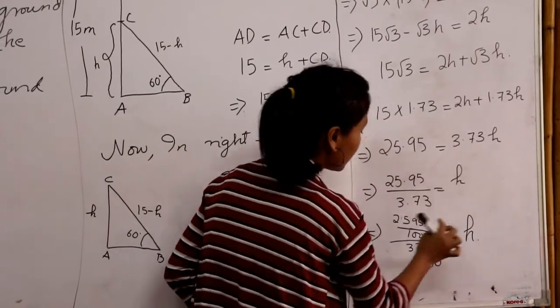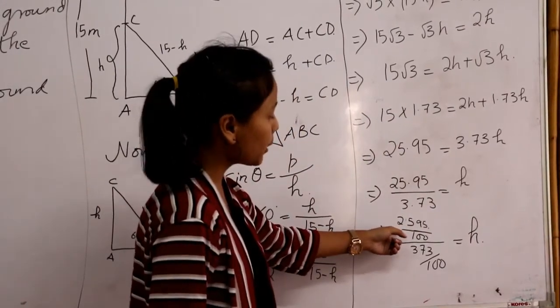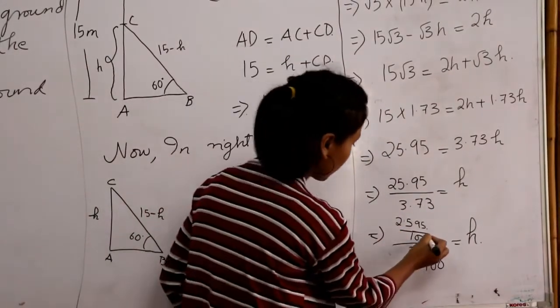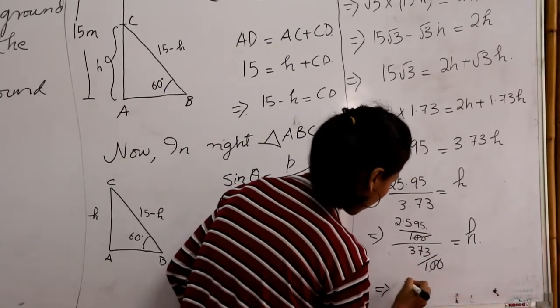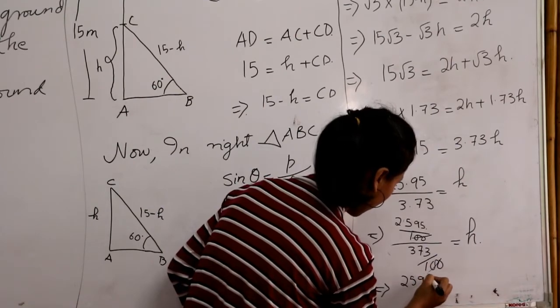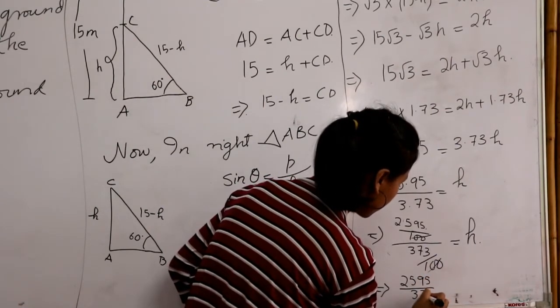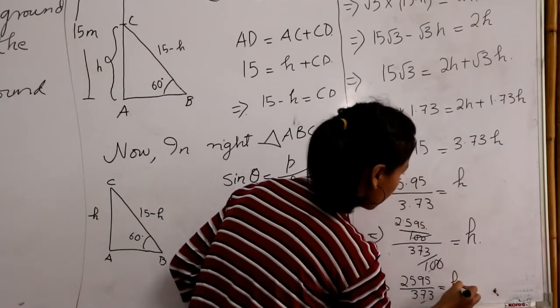Here you see the decimal point has vanished. So let us cancel 100. Then you will get 2595 divided by 373 equal to h.